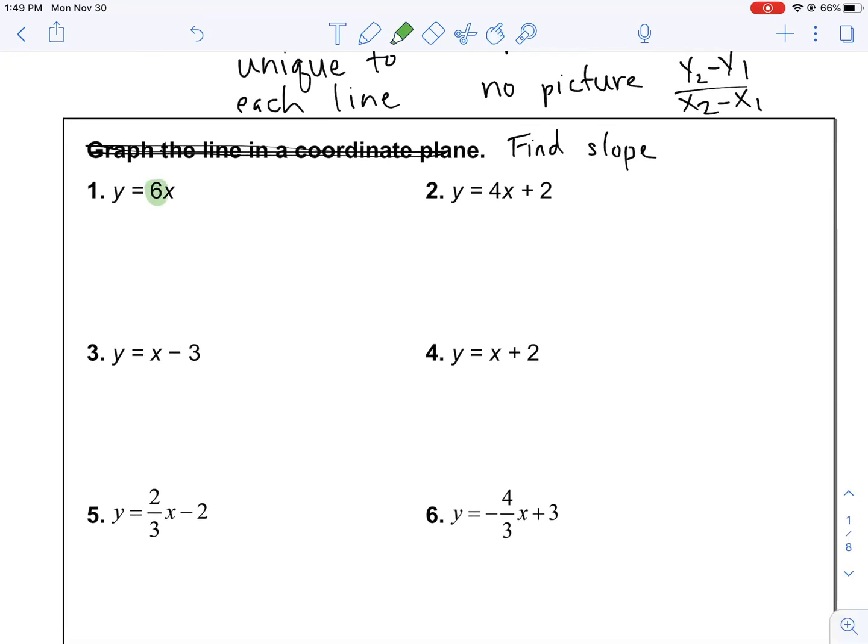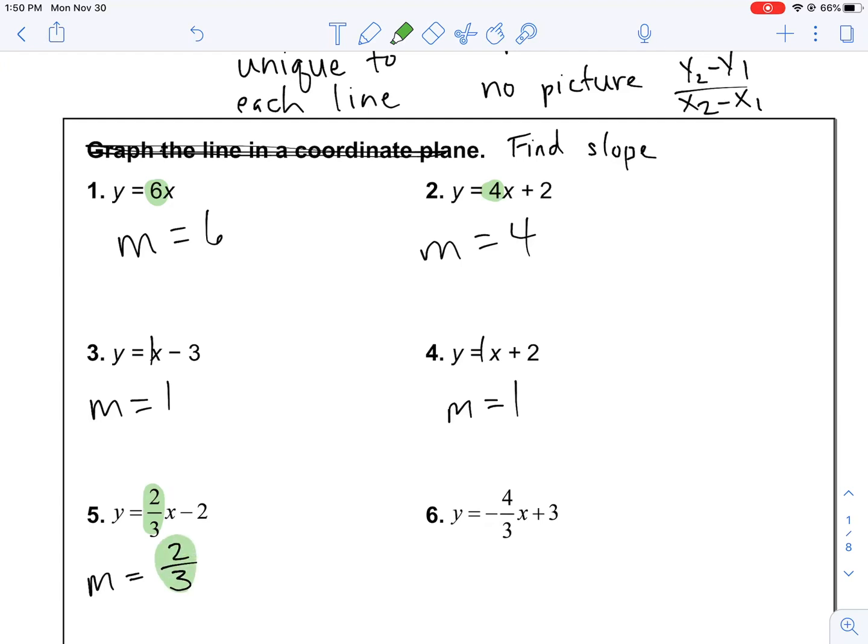Well, the number next to x is 6, so our slope is 6. Same thing here, our slope is 4. Now, just a reminder, if there's no number next to the x, we can put a 1. So our slope here is 1, and same thing here, our slope here is 1. On this one, our slope is 2 over 3.